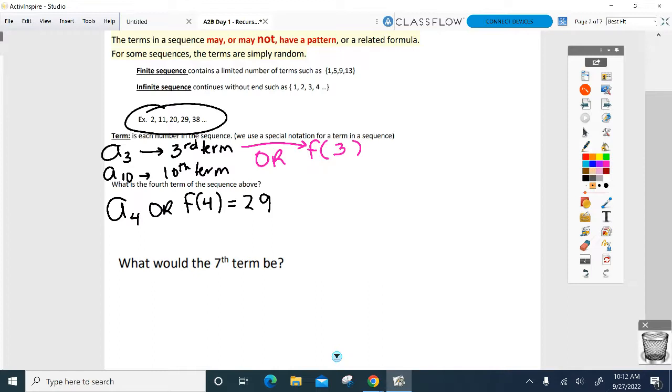Questions? We said it had a pattern, right? Okay, what's the seventh term then? Establish the pattern, use it to find the seventh term.